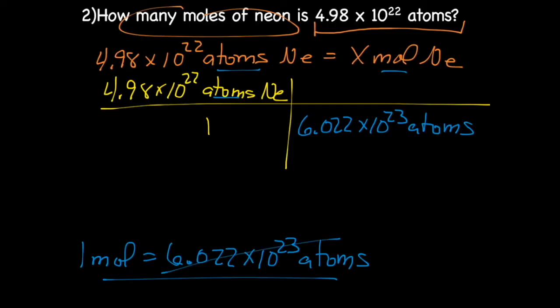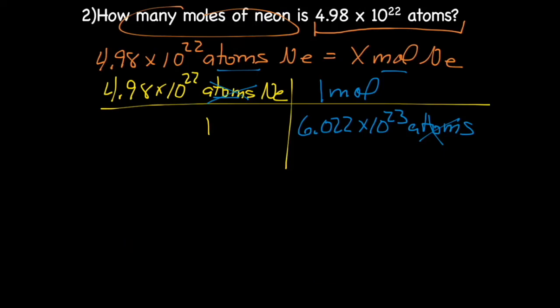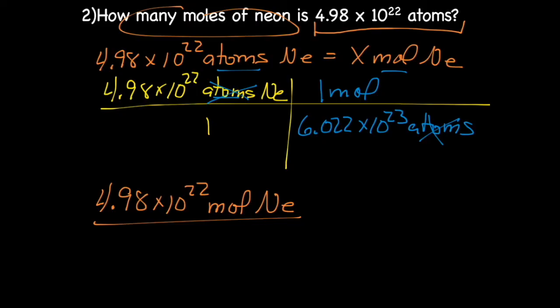We used atoms, so we're going to have 1 mole at the top. Okay, let's double check. Do atoms cross out atoms? Yes, they do. So now let's multiply across the top, giving us 4.98 times 10 to the 22nd mole of neon over 6.022 times 10 to the 23rd. Divide.